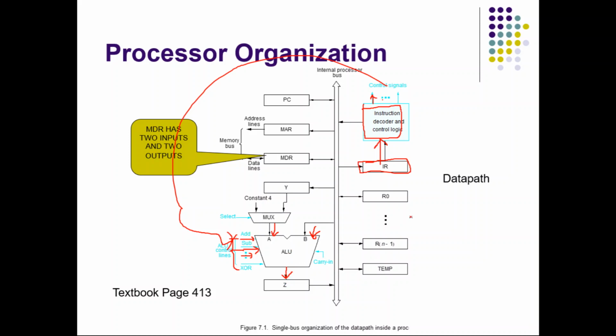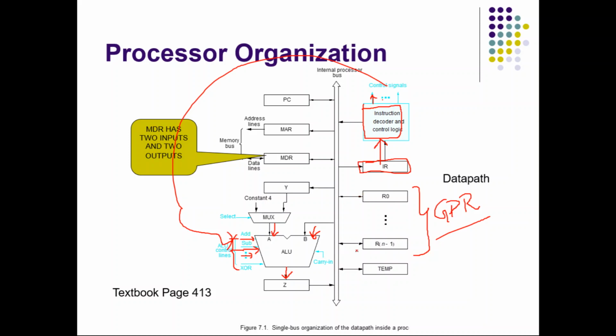R0 to Rn-1 are the general purpose registers available in the CPU, called GPRs. These registers are available to the programmers or the user, so the user can use these registers in programs.